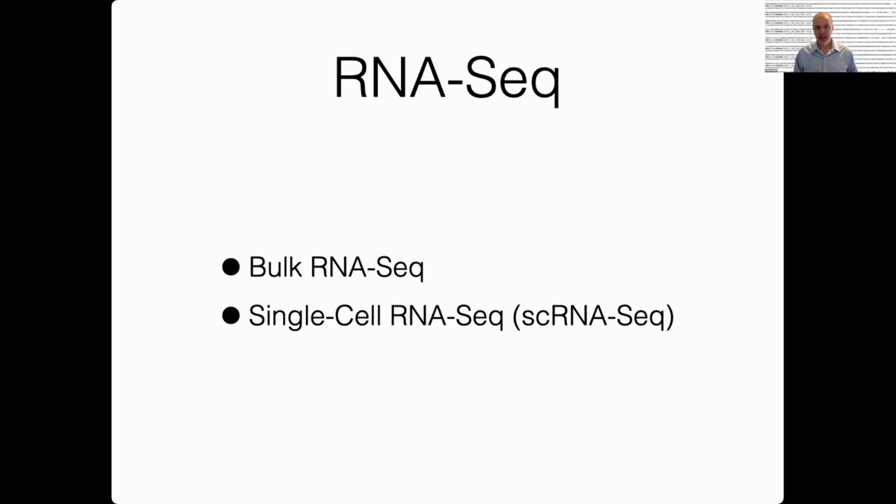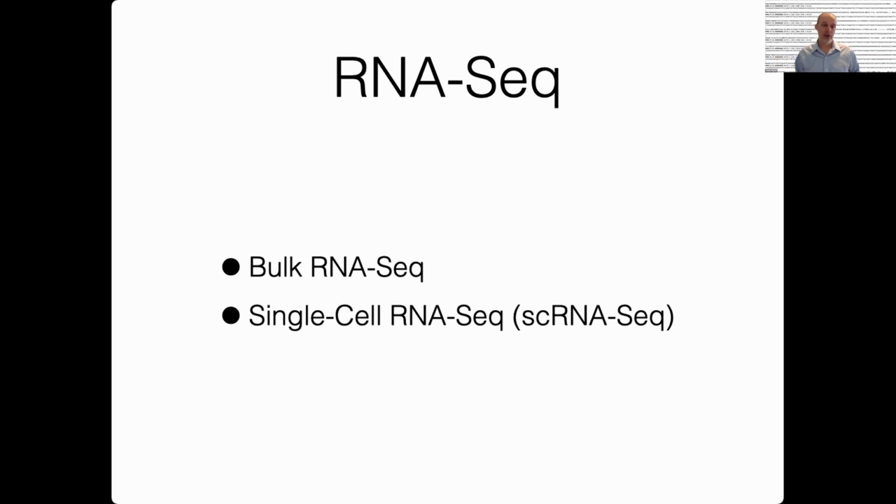In single-cell RNA-seq, the goal is to actually be able to look at individual cells in the sample and say, okay, I have one cell here that has this RNA in it, I have another cell that has this RNA in it, and another cell that has this RNA in it.